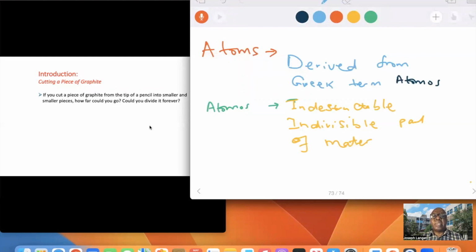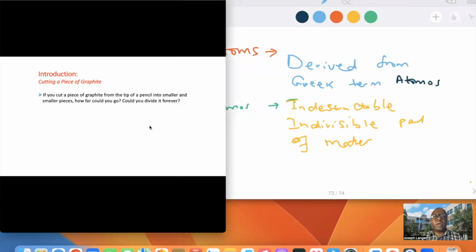An atom is defined as the smallest indestructible, indivisible part of matter. And how did we end up there? There are several experiments which led to the development of the atom, which I'm going to talk about shortly. But by cutting the graphite from a pencil tip into small pieces, you can go as far as individual atoms, which we call carbon atoms.